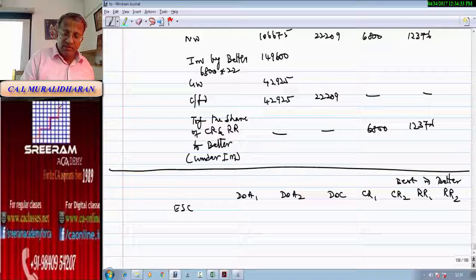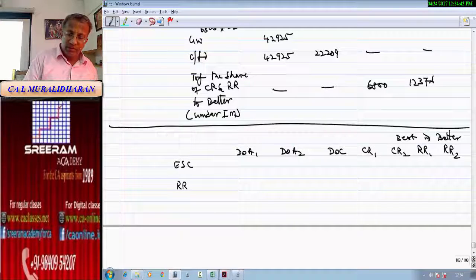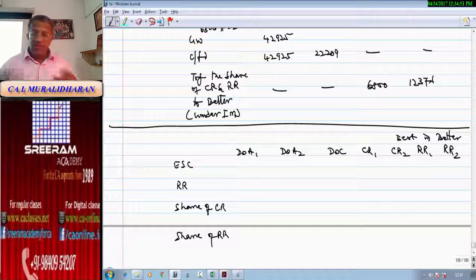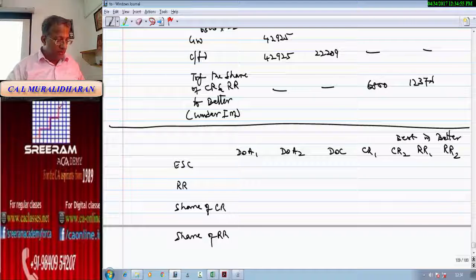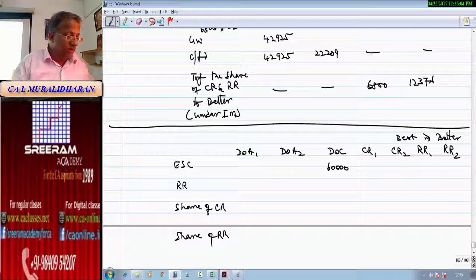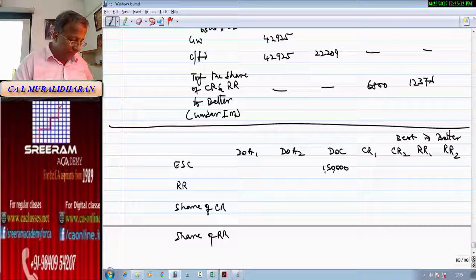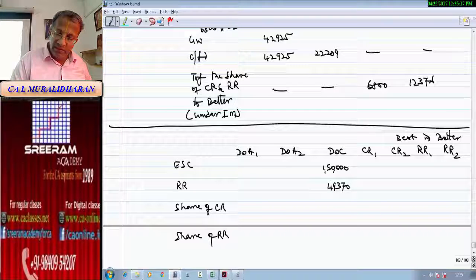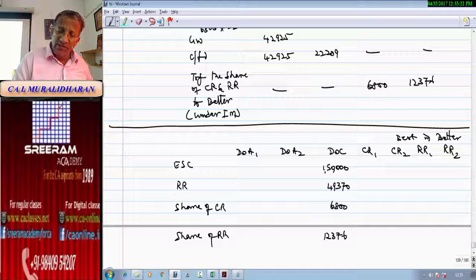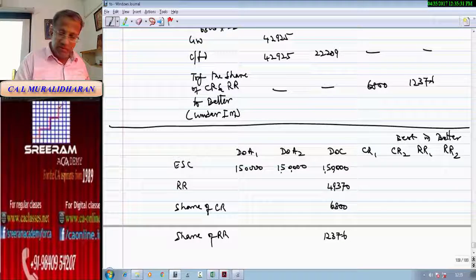Equity share capital, revenue reserve, share of capital reserve, share of revenue reserve. Firstly, we will update DOC. Equity 1,50,000, revenue reserve 49,370, with 6,800 and 12,376. Then 1,50,000 each for both lots. Revenue reserve 40,000 and 45,000.